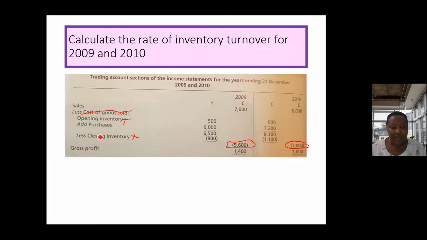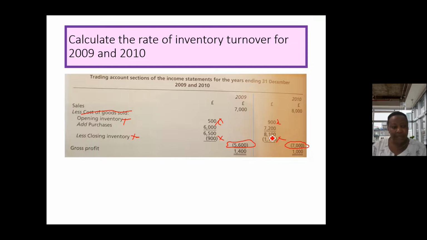The other thing to identify is our average inventory. In 2009, opening stock is 500 and our closing inventory is 900. In 2010, opening inventory is 900 and our closing inventory is 1,100. So those are the key figures that we need.